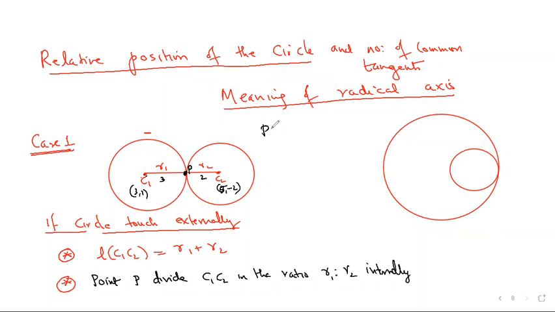So the coordinate of P you can derive as 3 multiplied with 5 plus 2 multiplied with 3, divided by the sum of the ratio. What is the sum of the ratio? Divided by 5. So you get (mx2 plus nx1) divided by (m plus n). Use the section formula. When you say ratio of division, it means the section formula only. Yes, sir.